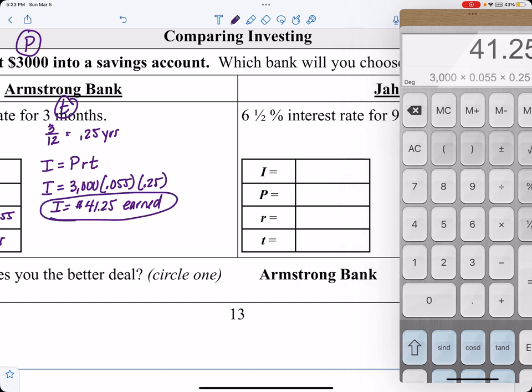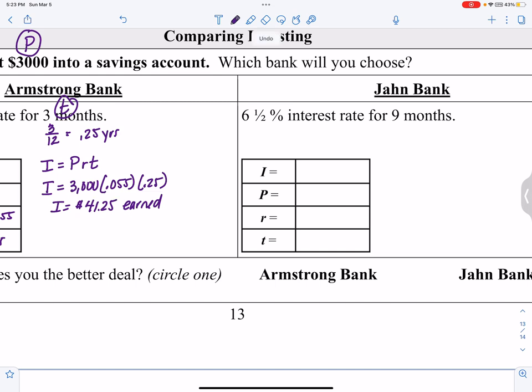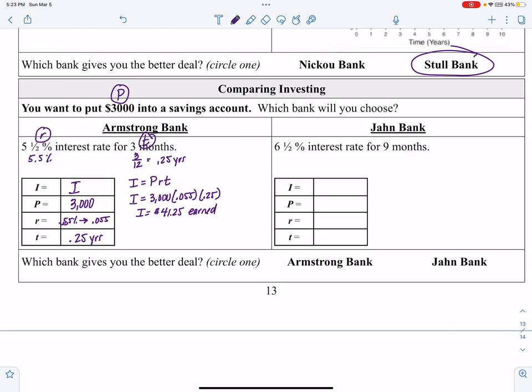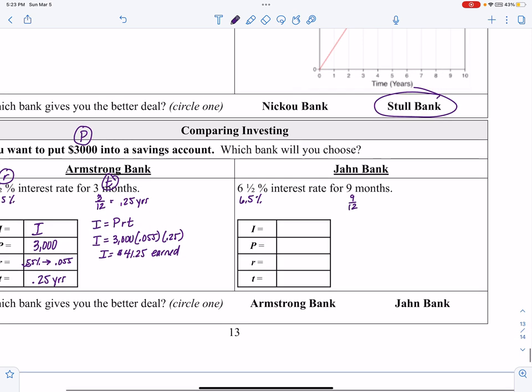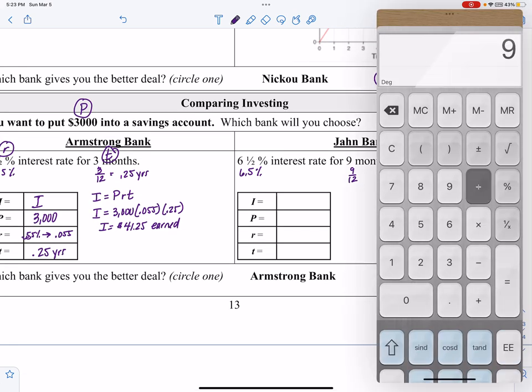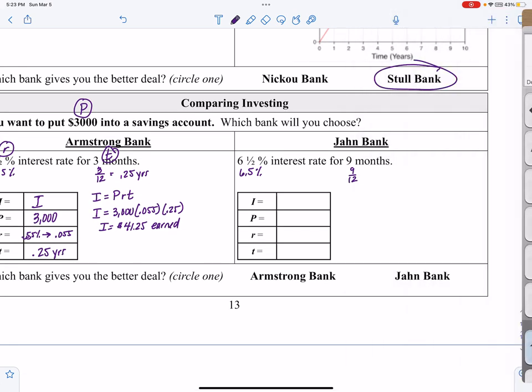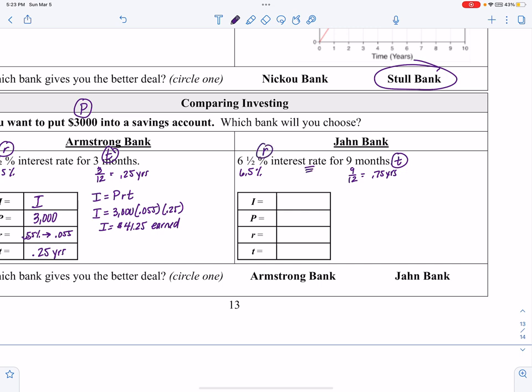Okay, so that's that one. Let's go ahead and do the Jan Bank. So we have 6.5% for 9 months. This is 9 out of 12. So let's figure out what that is. 9 divided by 12 is 0.75 years. This is our time. Here's our interest rate.